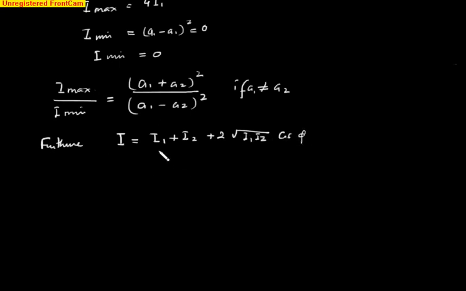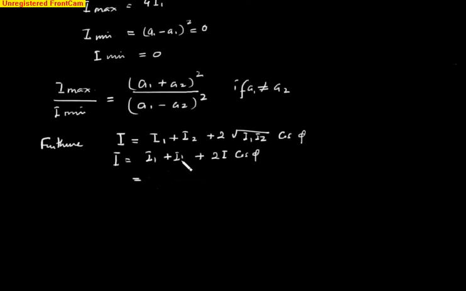Now, if the intensities are equal, having the same amplitudes, then the intensity may be written as I1 plus I1 plus twice I1 cos of phi.